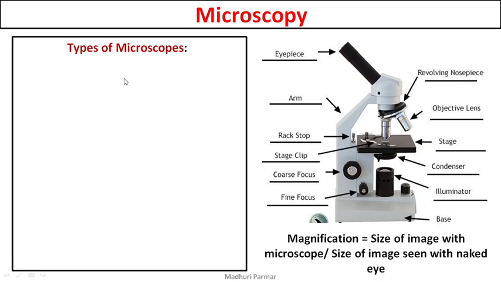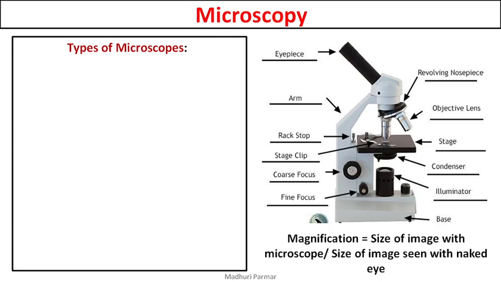It is important to know that the advances in microscopes have led to new discoveries and better understanding of the cells. So this is a basic compound microscope. Compound microscope means there are two lenses used.